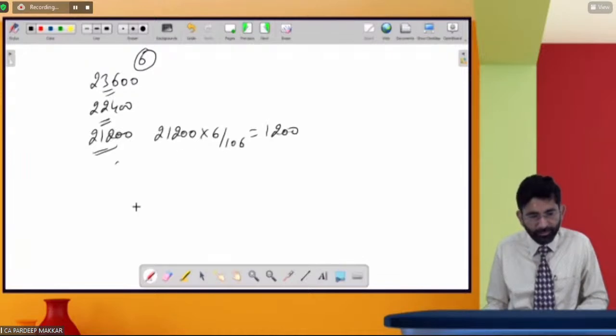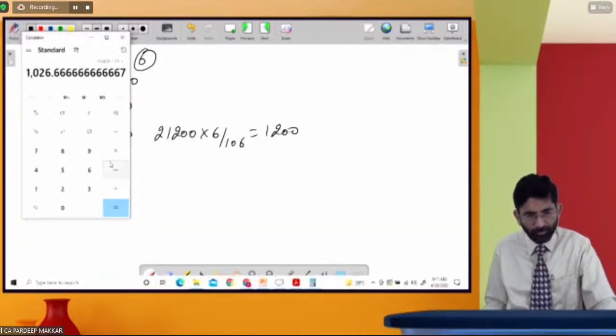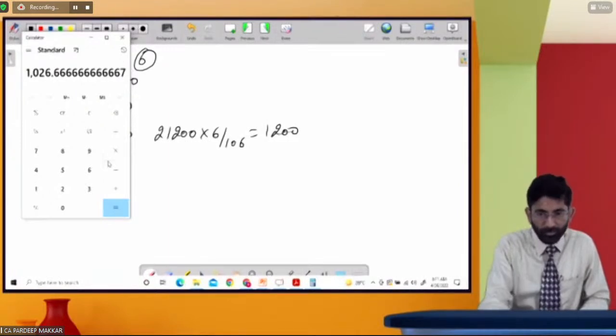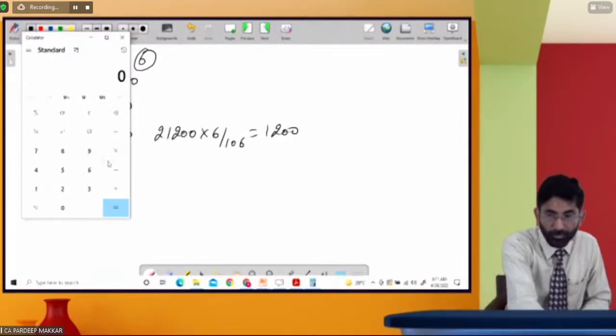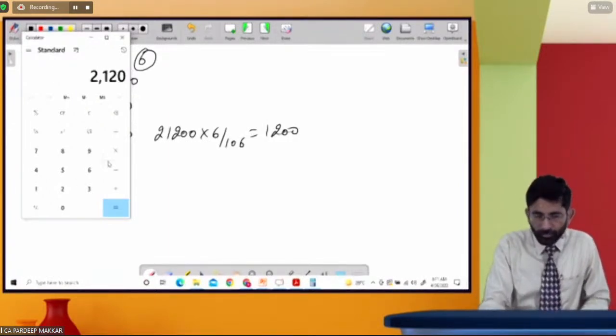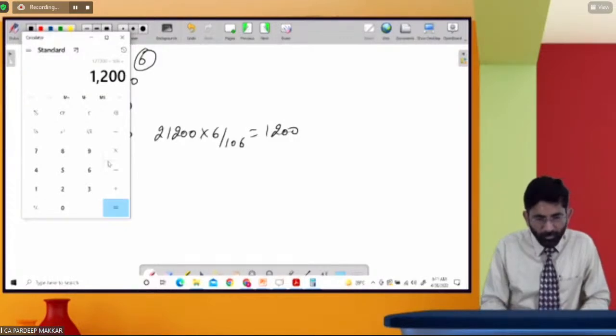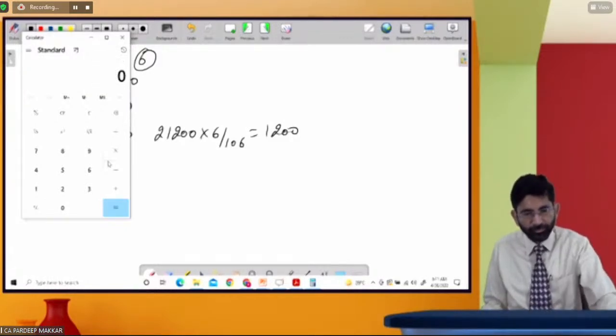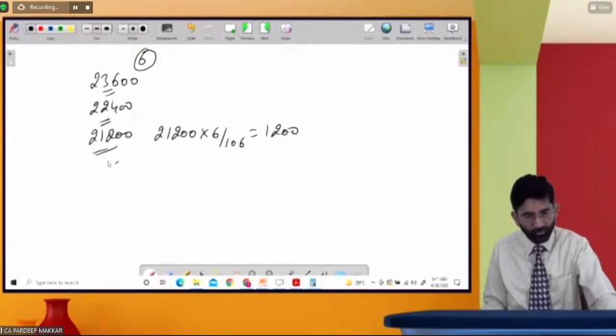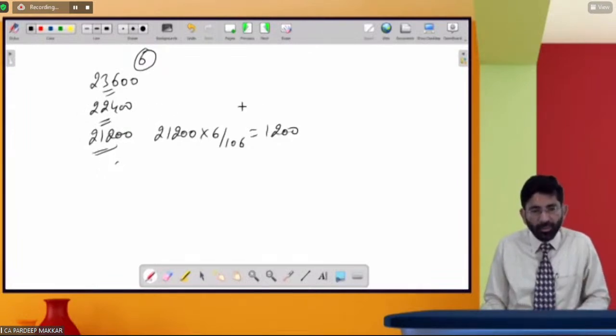Check it out. It is 1200, beta. This will help us to calculate the interest.